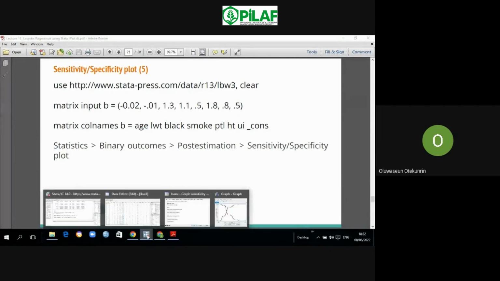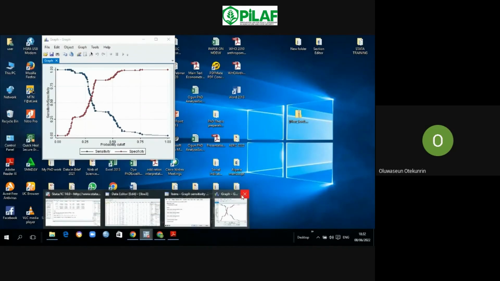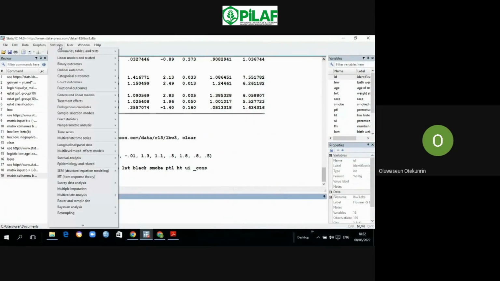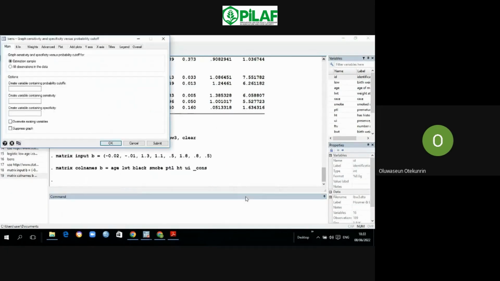So if you have done that, we now move from statistics to binary outcomes, to post estimation, to sensitivity/specificity plot.